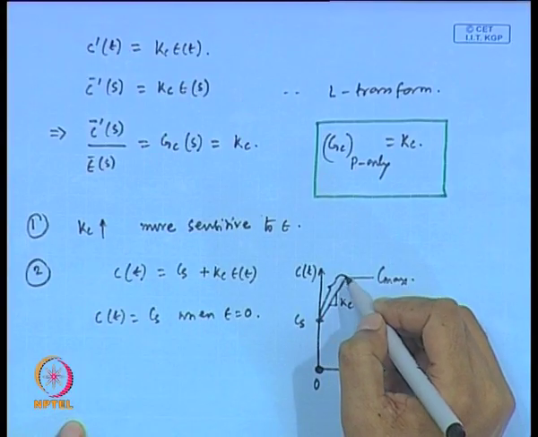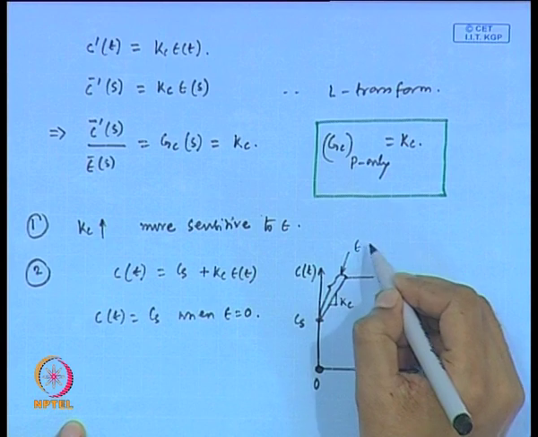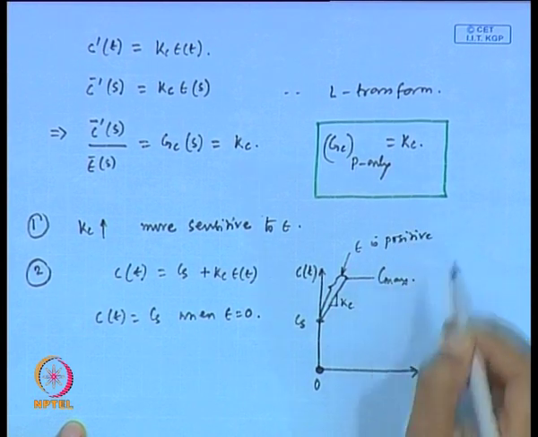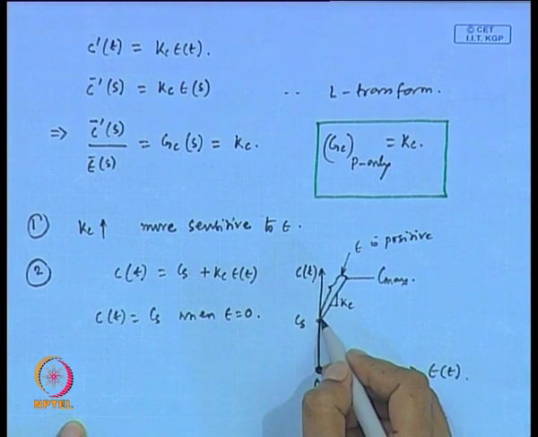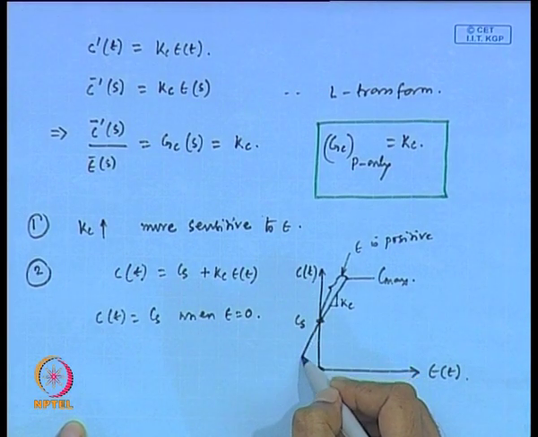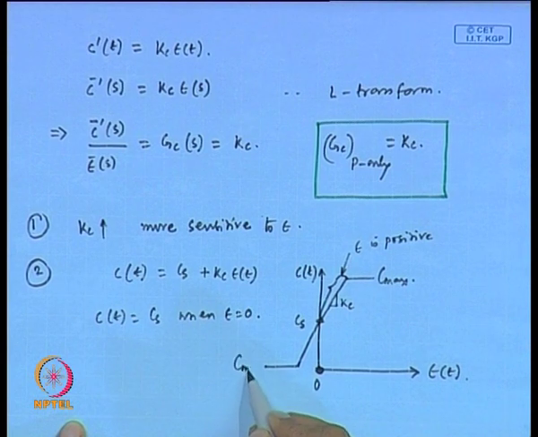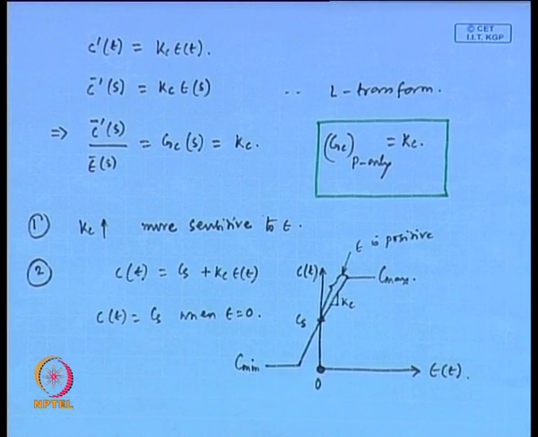Now, this variation is obtained when epsilon is positive. Similarly, we obtain this line when epsilon is negative, and the minimum value of C is C min.